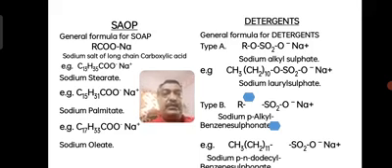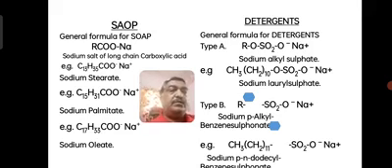So these are the examples. Already you are familiar with the structures. Sodium stearate contains C17H35, sodium palmitate contains C15H31COONa, and C17H33 is an unsaturated fatty acid, that is sodium oleate.